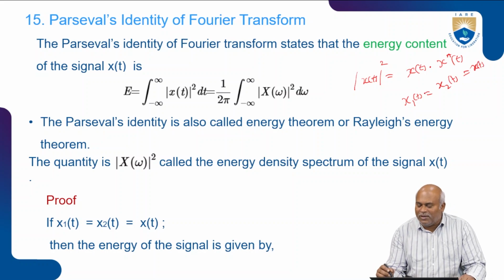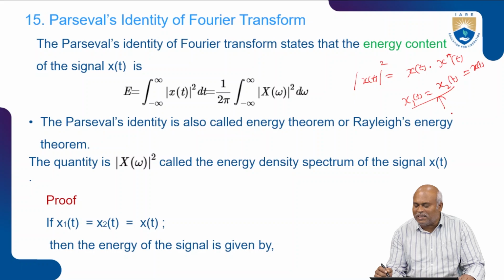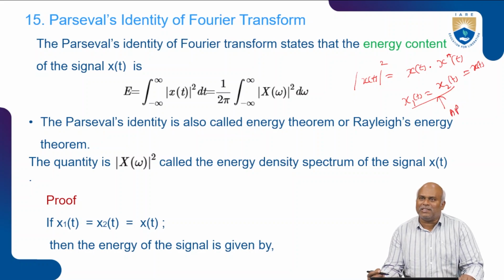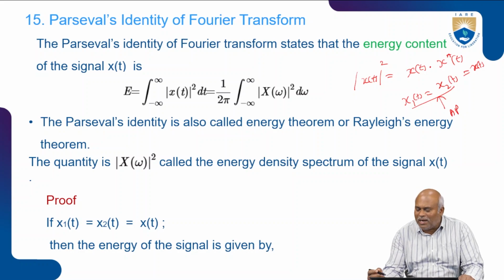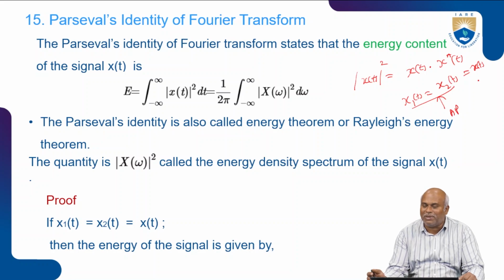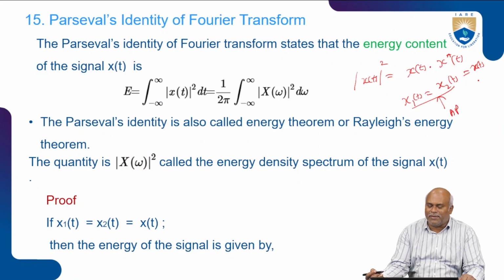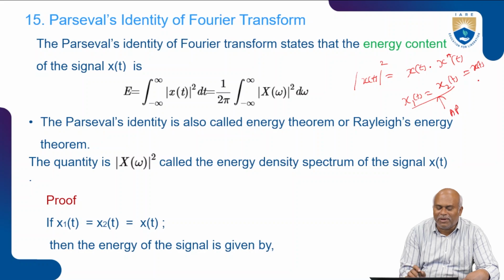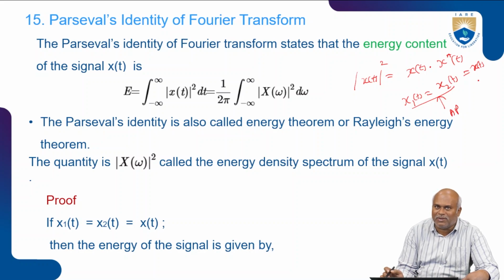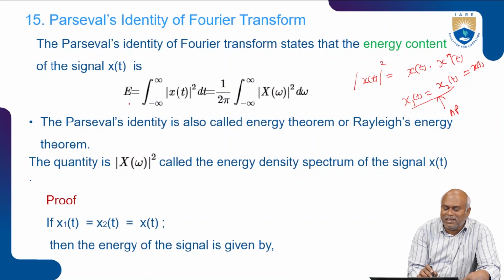If in the time domain the signal is aperiodic, it satisfies energy, and the produced output is also represented as energy, even though the signal is represented in the frequency domain. That condition we call the Parseval identity of the Fourier transform. The Parseval identity states that the energy content of the signal x of t is equal to integration of minus infinity to plus infinity mod x of t whole square dt.